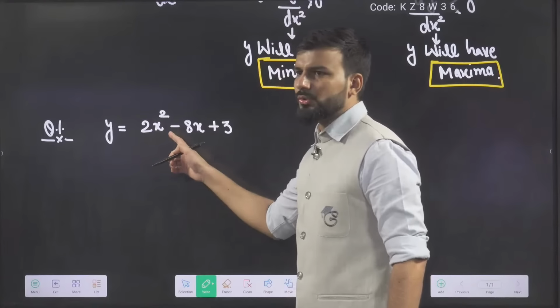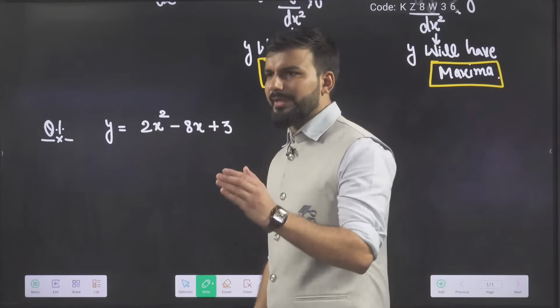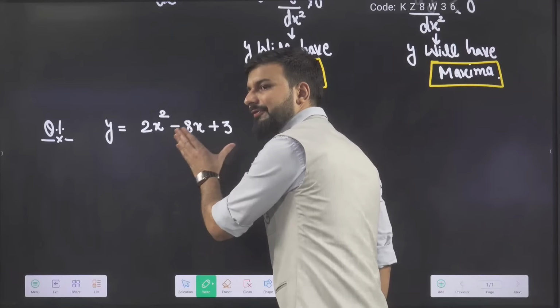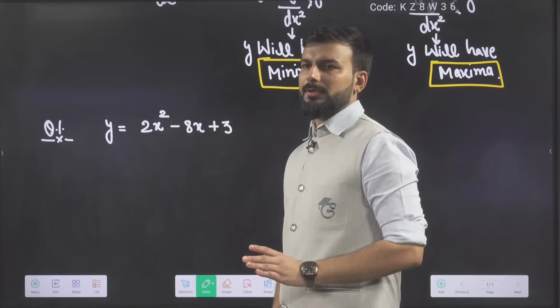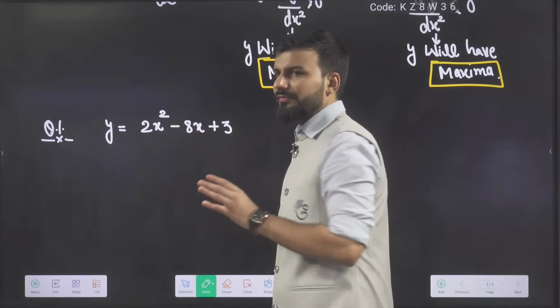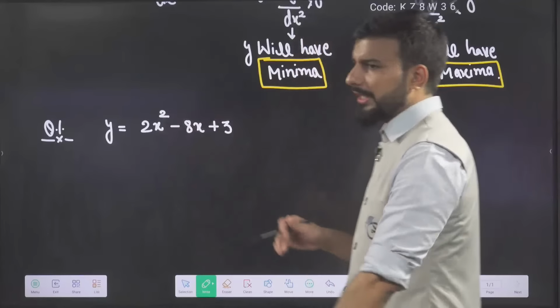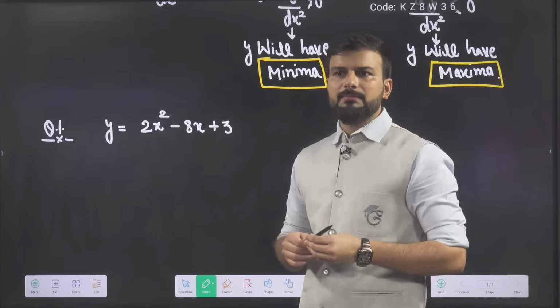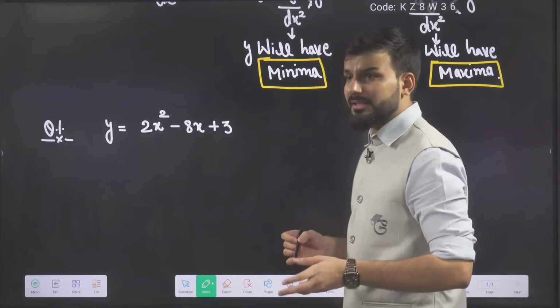Beta, you are having doubt, just wait, let me explain. Your doubt will automatically get clarified with this numerical. Just wait 2 minutes. After this question, if you still have doubt, I will again explain. So y is equal to 2x square minus 8x plus 3.